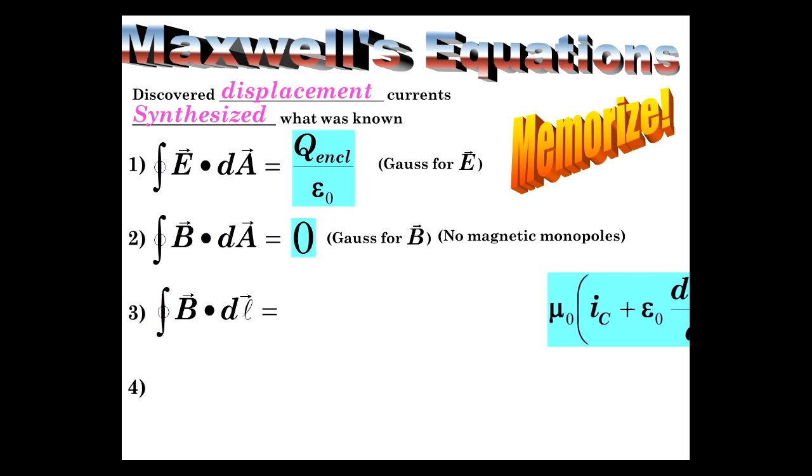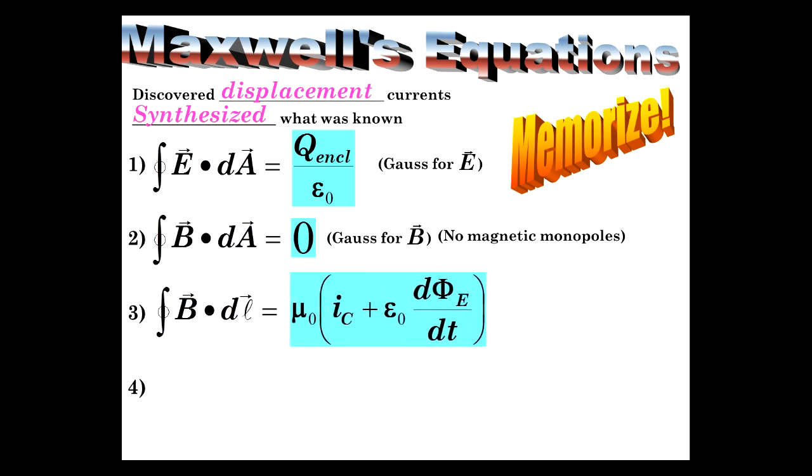Then we have closed integral of B dot dL, which is mu 0 times the quantity I conduction plus epsilon 0 d phi sub E dt. So it's not just mu 0 I enclosed, but also, if there's no actual conduction current, we have a d phi sub E dt as a displacement current in space, like in the region between capacitor plates.